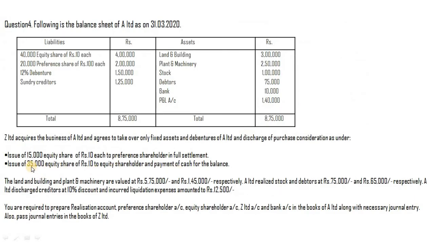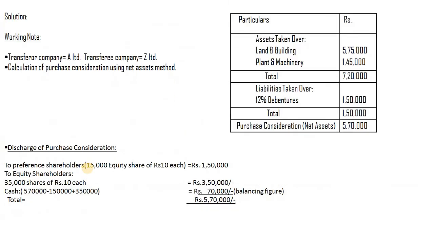Equity shareholders, 35,000 equity shares of rupees 10 each means 35,000 new equity shares will be issued to the equity shareholders of A Limited, each having a value of rupees 10. So total value will be 3,50,000, right?